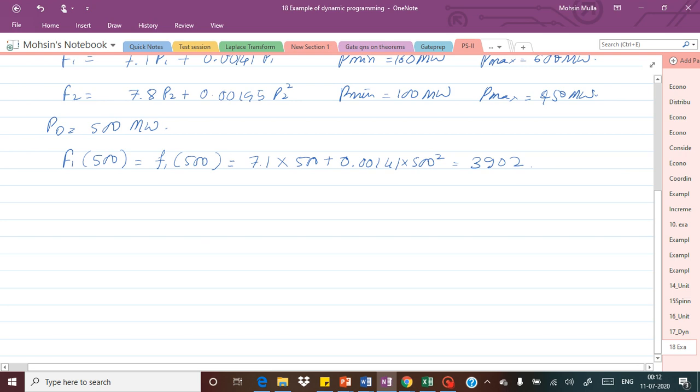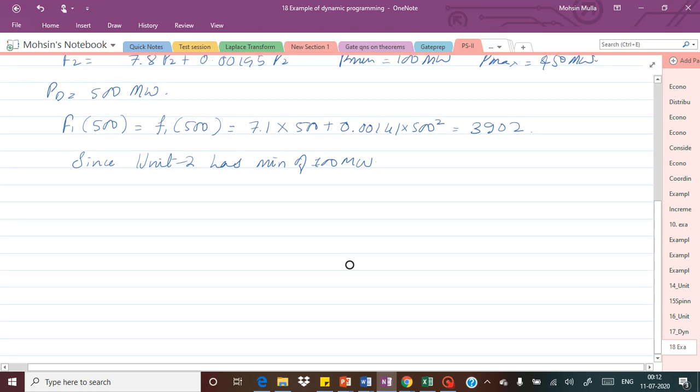Now instead of using the single unit, let us use the second unit as well. Since the second unit has a minimum of 100 megawatts, we need to use at least 100 megawatt in the second unit when we want to combine.